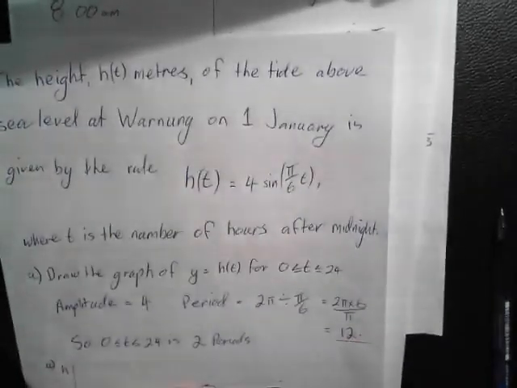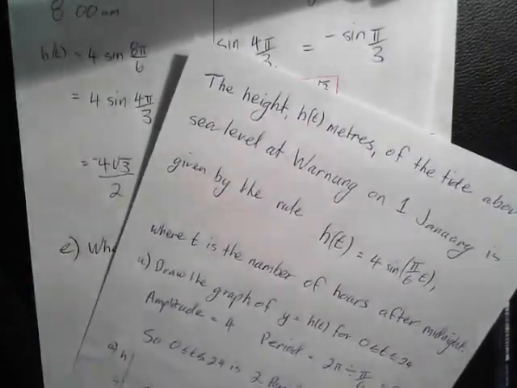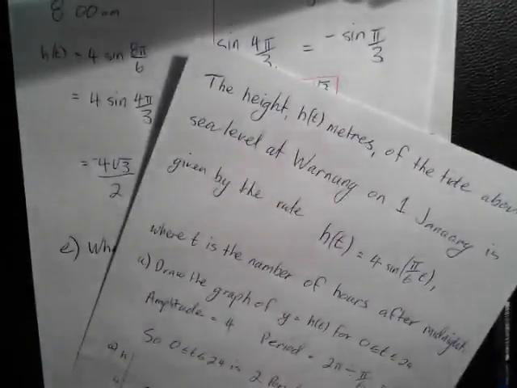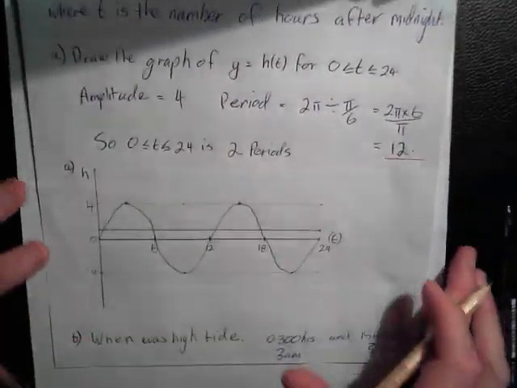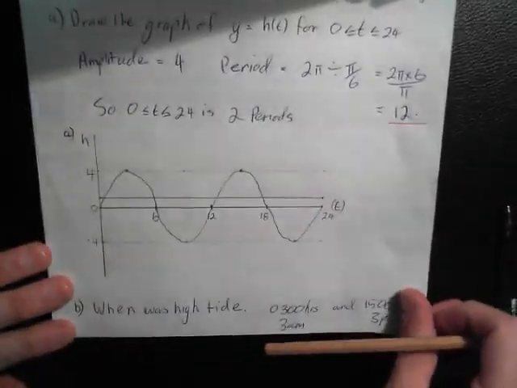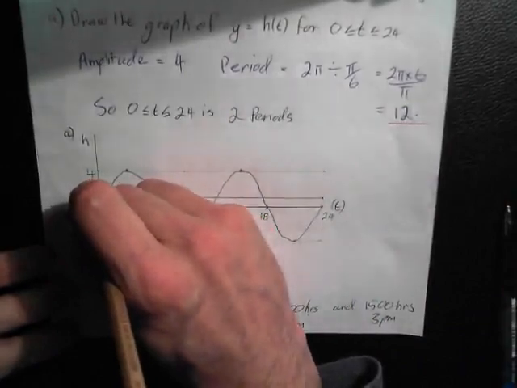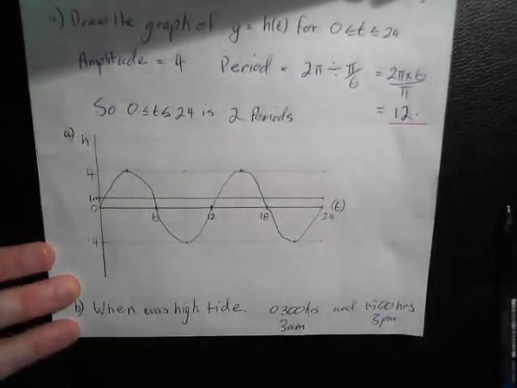I'm going to mark that there on the graph, and I'm going to draw a line between those 2 points. Alright, so this represents 1 metre, because we want to know when is the tide above 1 metre.